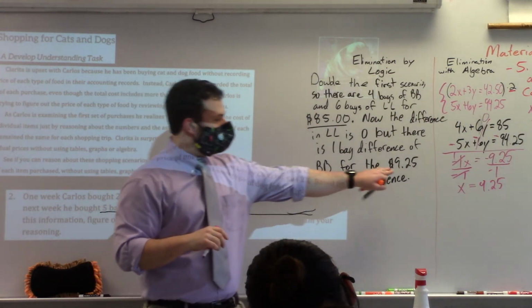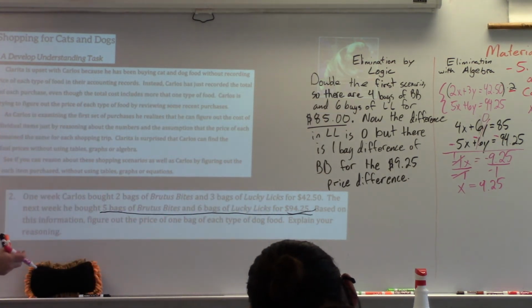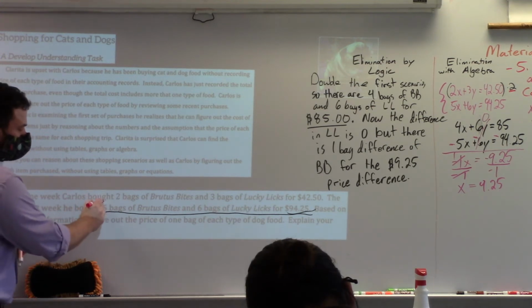How can I figure that out? Multiply 9.25 by 5. Okay, now which situation are you looking at? The second one. Okay, so notice we've got to think about which situation.